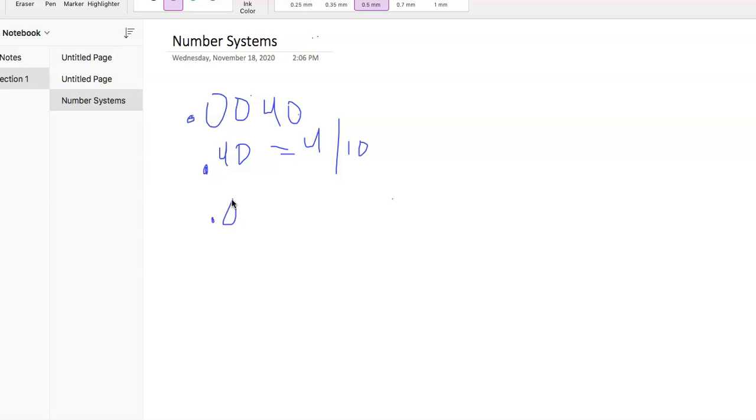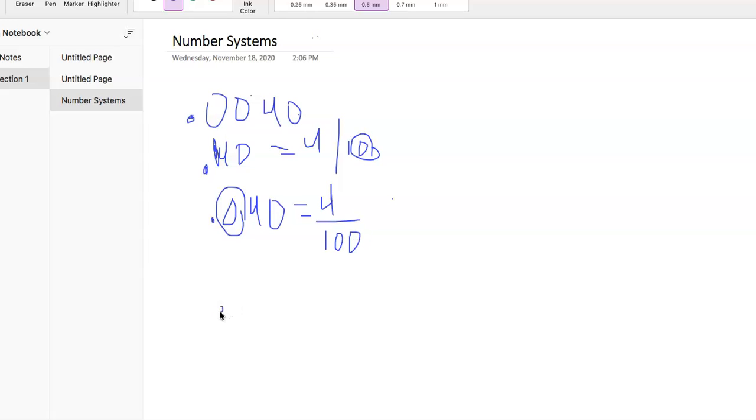So 0.040 equals 4 over 100, right? All I did was, because there was this extra 0 here that wasn't there before, we added a 0 to the denominator. So then we have 4 over 100.